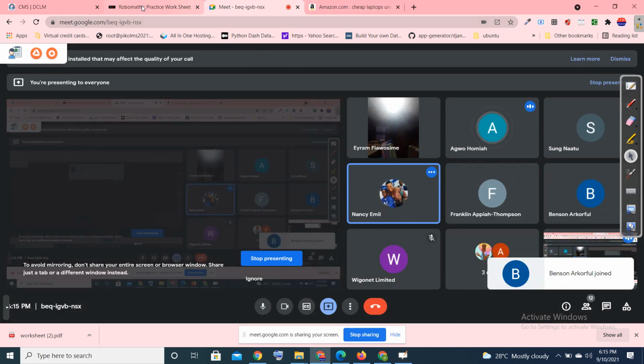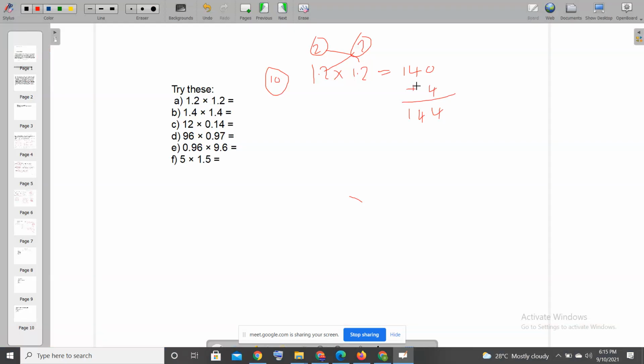Okay, so you stand here and move 1, 2. So your dot will be here. So the answer will be what? 1.44. Okay, so this is what we did. So I believe all of you can do this. So let's move on.